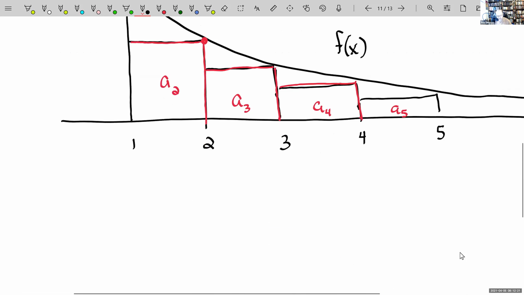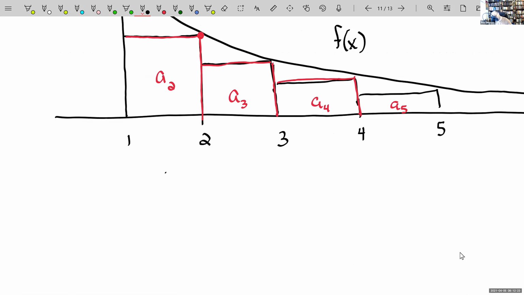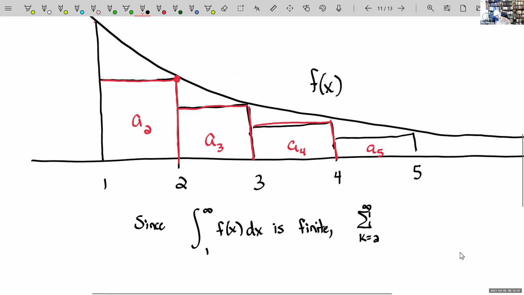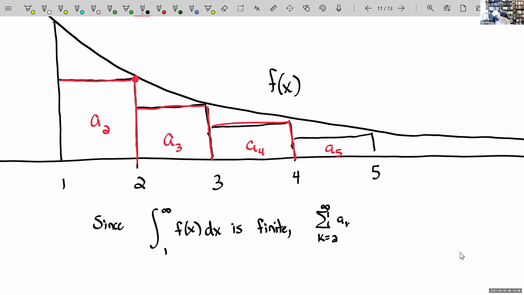If that's the case, then since the integral from 1 to infinity of f of x dx is finite, that will tell us that the summation from k equals 2 to infinity, because I'm starting at a sub 2 there, of a sub k is finite.